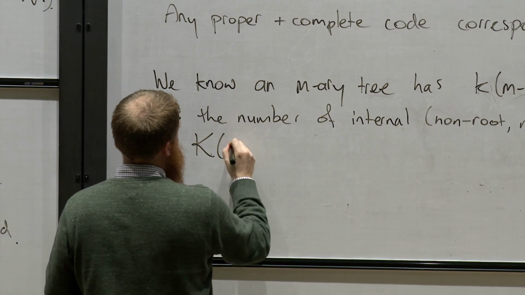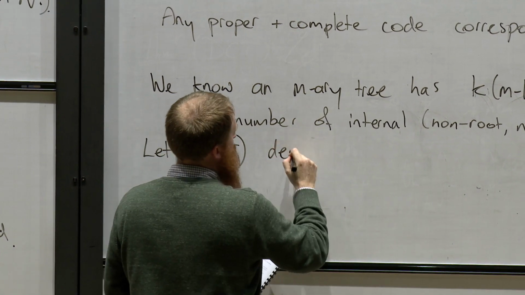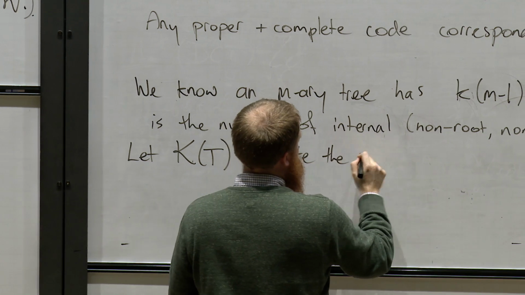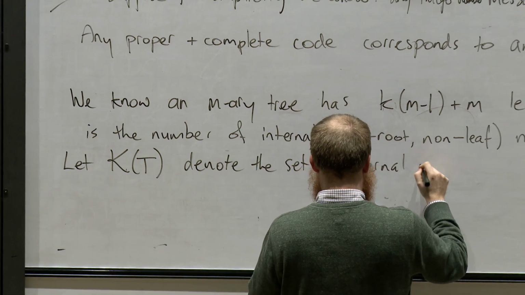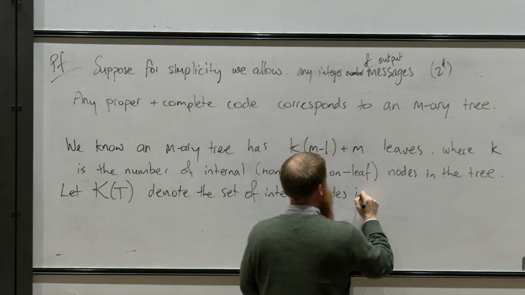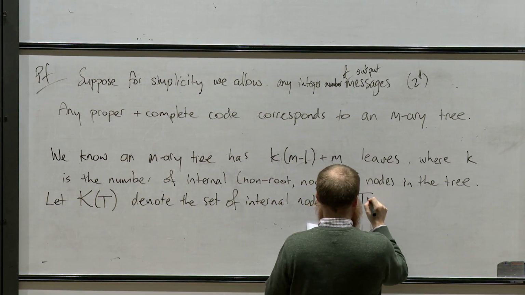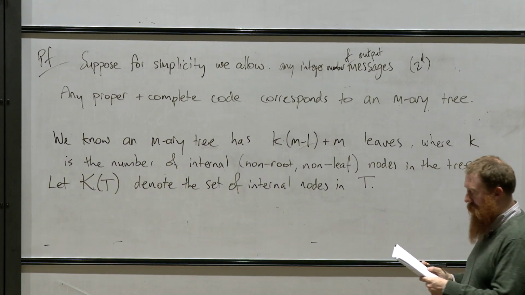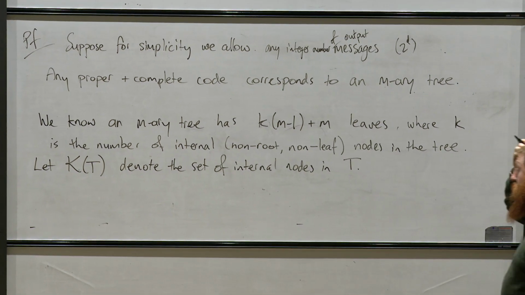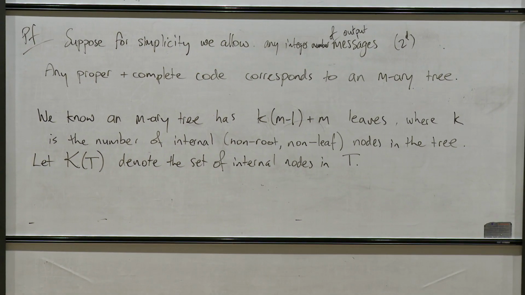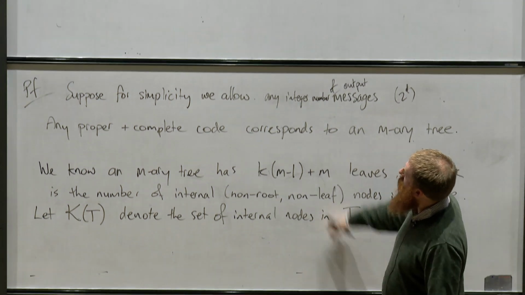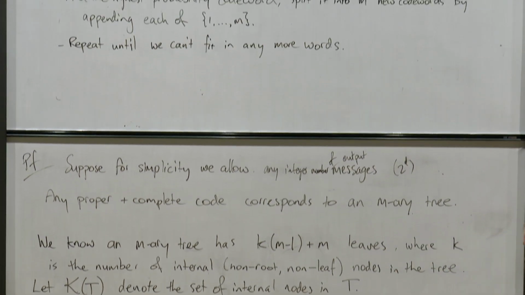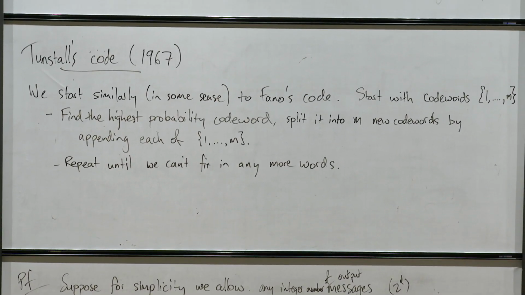So let kt denote the set of internal nodes in T. So if I give you a tree, what can we say? All right, well, how many times, when I do this splitting, how many times can I do it?